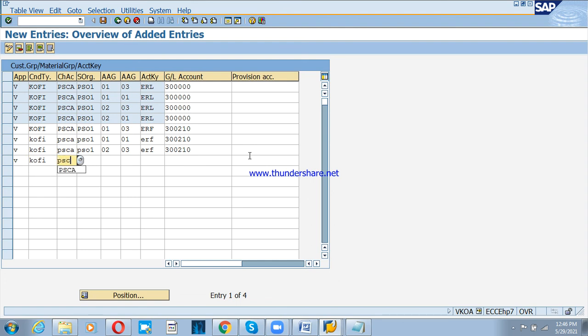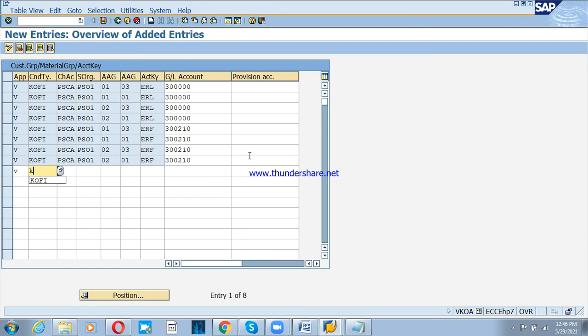KOFI, PSCA, PS01, 0201 ERF 00210. Okay, if any freight revenue comes, you will be able to see it in this particular GL.